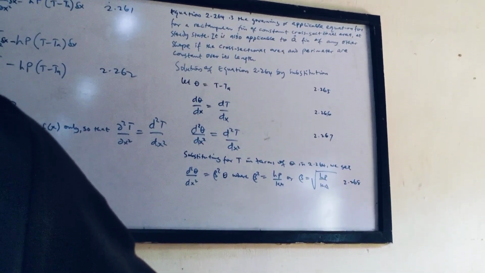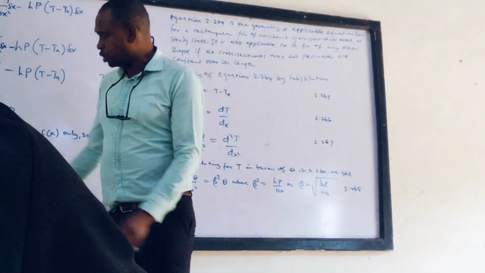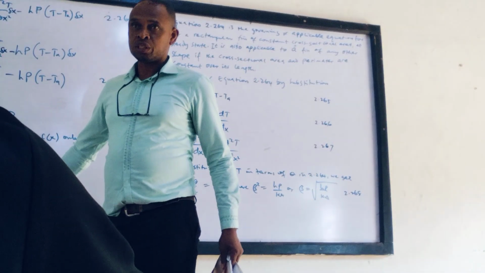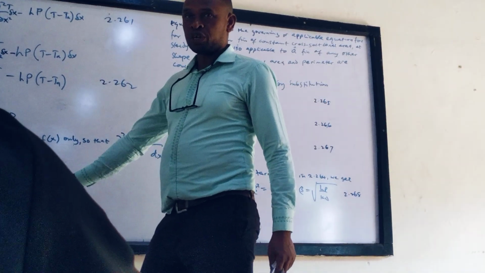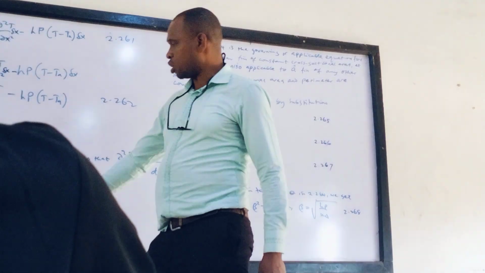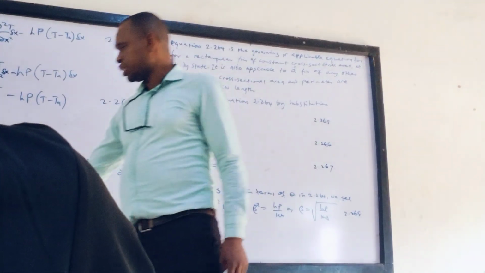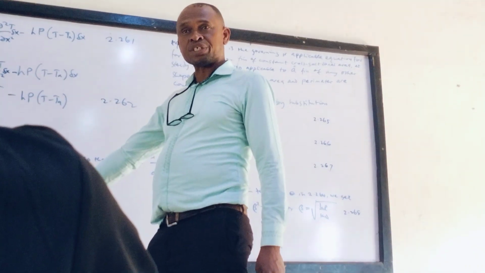To get the solution of this equation. Now, what is this equation? Of course, you can see that this equation is a homogeneous linear second order differential equation. Is that not? And it is unique in its nature.